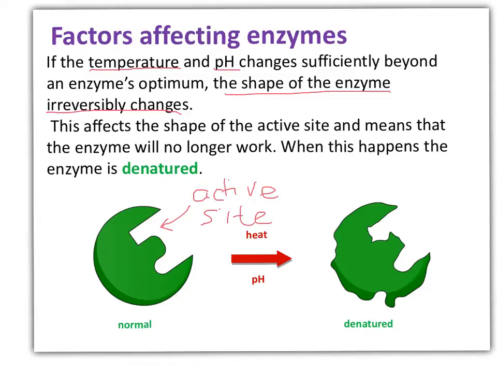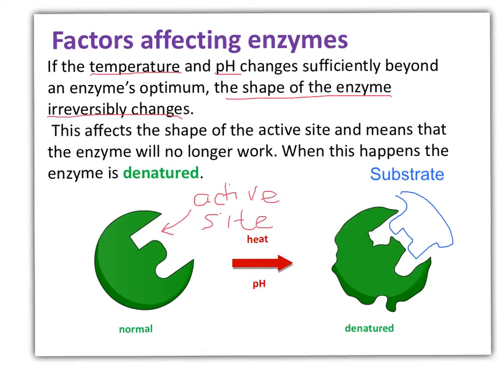So that means that it's no longer going to be complementary to the substrate. Okay, so the substrate isn't going to be able to fit in, it's not going to be able to form a lock and key, so the enzyme is not going to be able to break down this substrate.